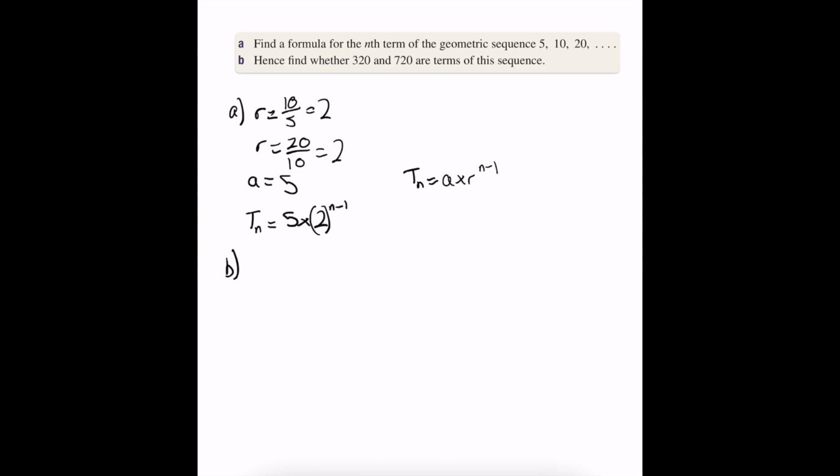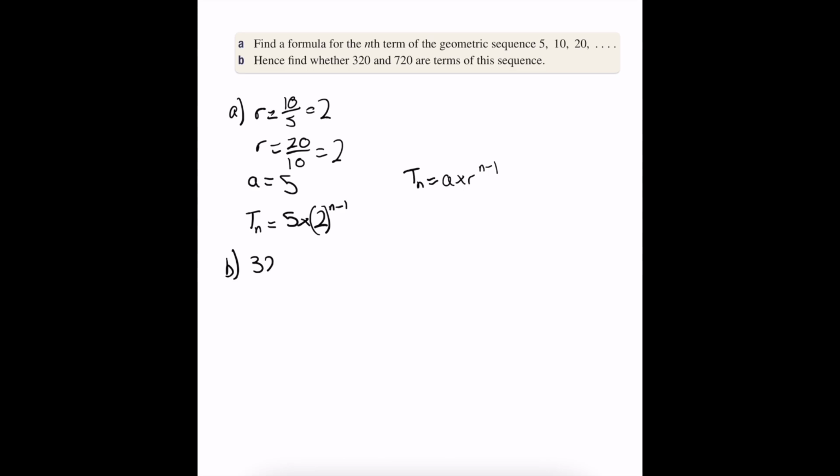So it's saying if the nth term is equal to 320, what is the value of n, essentially? And if we get a whole number, then we can conclude that they are terms of the sequence. However, if it is not a whole number and some sort of decimal or a fraction, then it is not on the sequence. And I'll explain that when we solve the question.